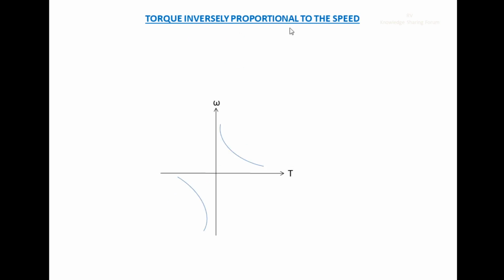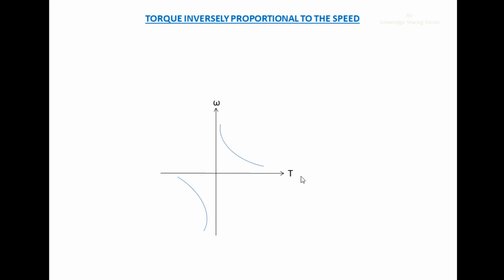The next is torque inversely proportional to the speed. In this, as your torque increases, speed is decreasing, right? See here, torque is increasing in the horizontal axis, whereas speed is reducing in the vertical axis.